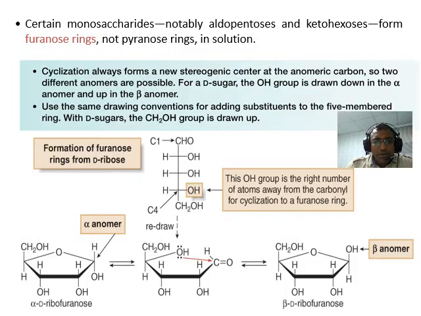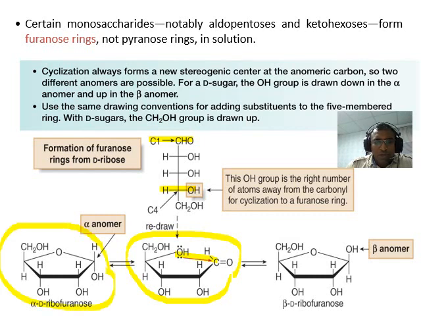In terms of aldose, you will have the carbonyl group there at C1 interacting with C4, and this is the acyclic form where, once it forms the cyclic structure, it can be in two forms, either alpha anomer or beta anomer.